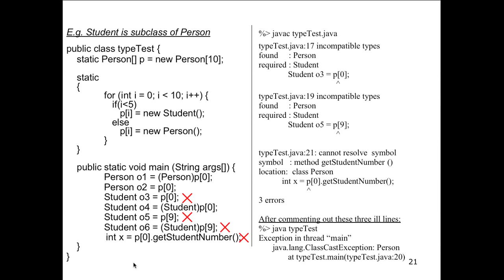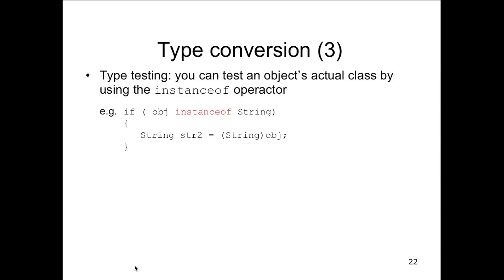We're creating objects of students and people, but we've created an array of person. A student is a specialization, and we're trying to stick a big thing into a small hole. It's not fitting because it's narrowing. It's the same object, but the problem is the array. The array's not big enough to hold it because we've defined the array of a person, and it can't fit a student. So, type conversions.